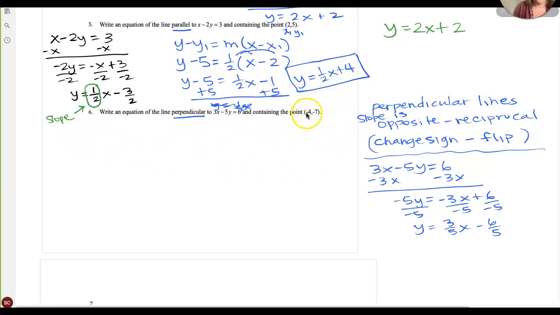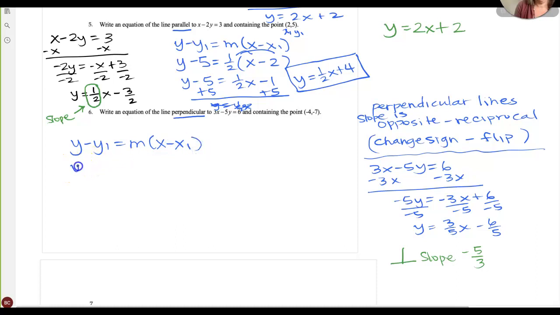All right, so I know the point and I know that my perpendicular slope, so let me write that over here. All right, so this is the symbol in math for perpendicular. Perpendicular slope is -5/3. All right, so that's what you want to use when you're putting it into either the point slope form or the y equals mx plus b form.